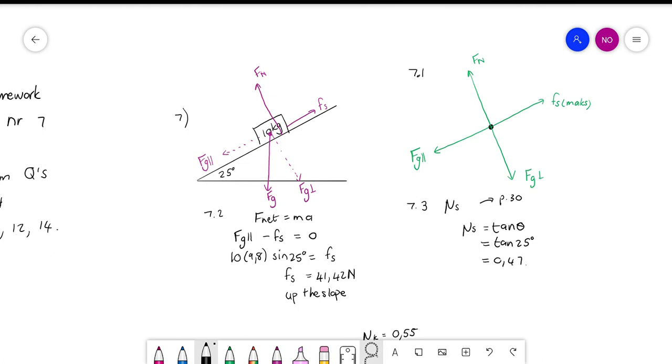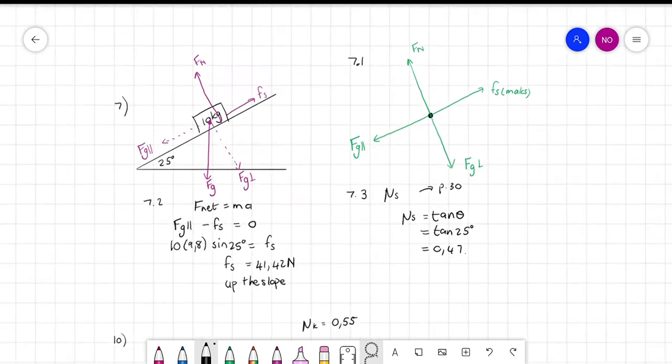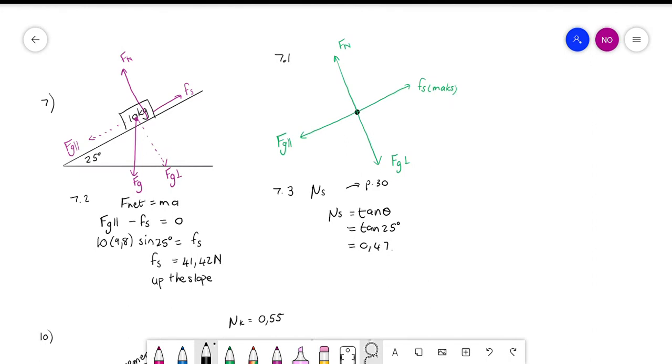Okay. And then they're saying calculate the normal force. Now you could go one of two ways. You could either have gone, we have all the information for this one, so you substitute that, calculate that. I'm going to go this direction, where I say the normal force is equal to the perpendicular force. En ek moet ons die hele ding uitskryf. F net is gelyk aan m maal a.